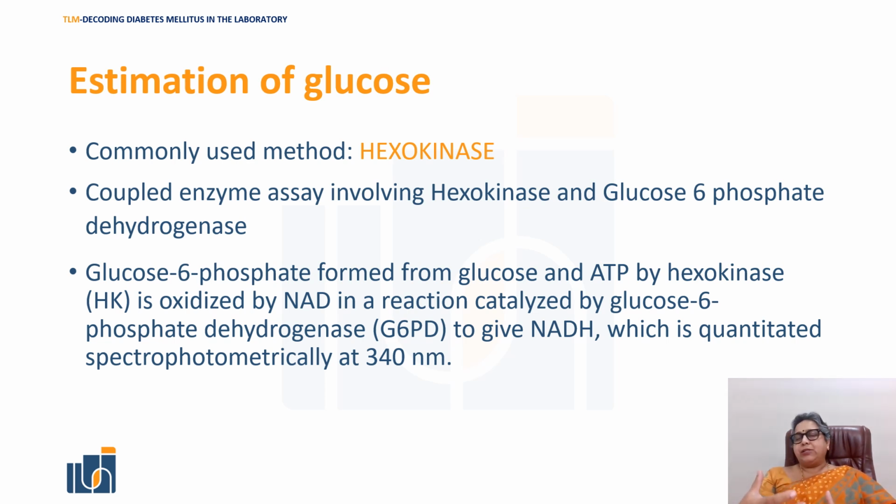Now, what is this hexokinase method? It's a coupled enzyme assay which involves two enzymes. One is hexokinase and the other is glucose 6-phosphate dehydrogenase. Both are important in the metabolism of glucose. So here glucose 6-phosphate, which is formed from glucose and ATP by hexokinase, which is one of the first steps in the Embden-Meyerhof pathway, is oxidized by NAD in a reaction which is catalyzed by glucose 6-phosphate dehydrogenase.